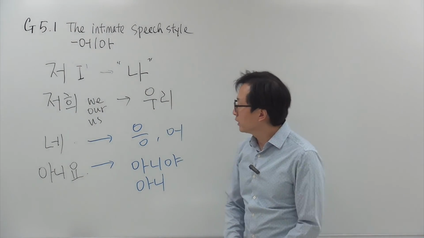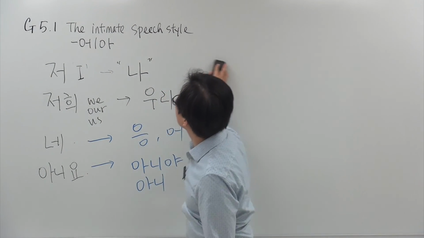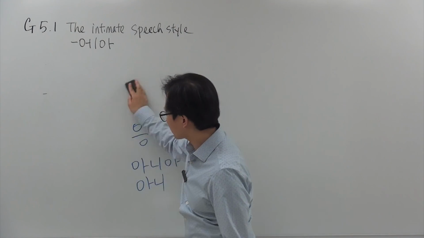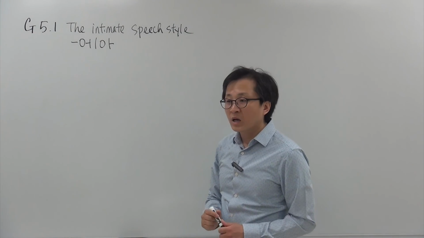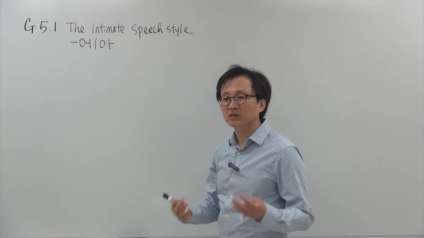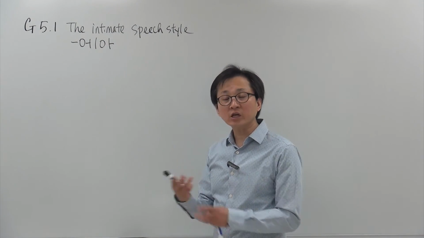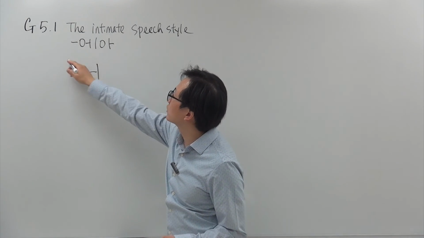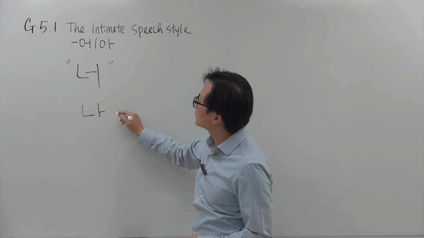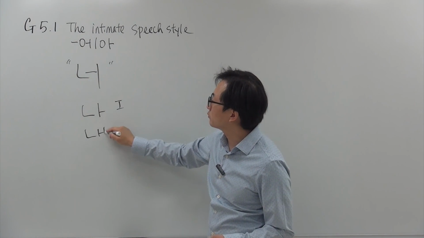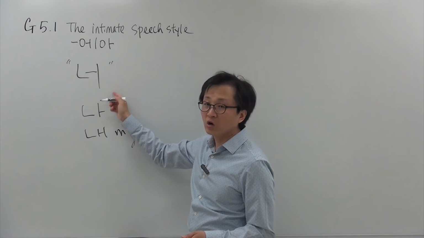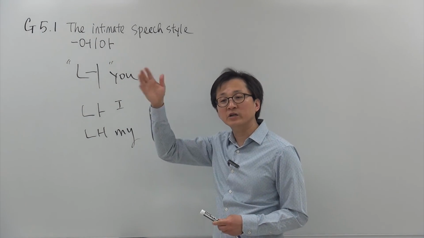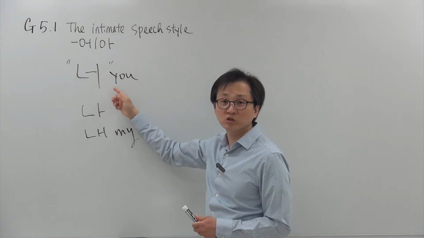Okay. And what else do we have to consider when we use this intimate speech style? Actually, we have not introduced you to the second person pronoun. So we have this second person pronoun 너. 나 is I, 내 is my, 그렇죠? 근데 너 is you. But when you talk to someone who is higher than you are, then we cannot use 너.